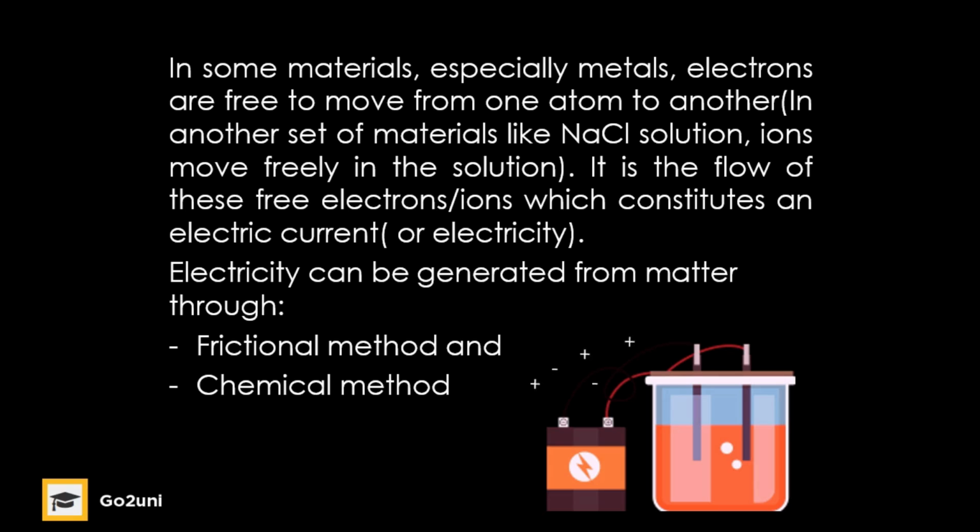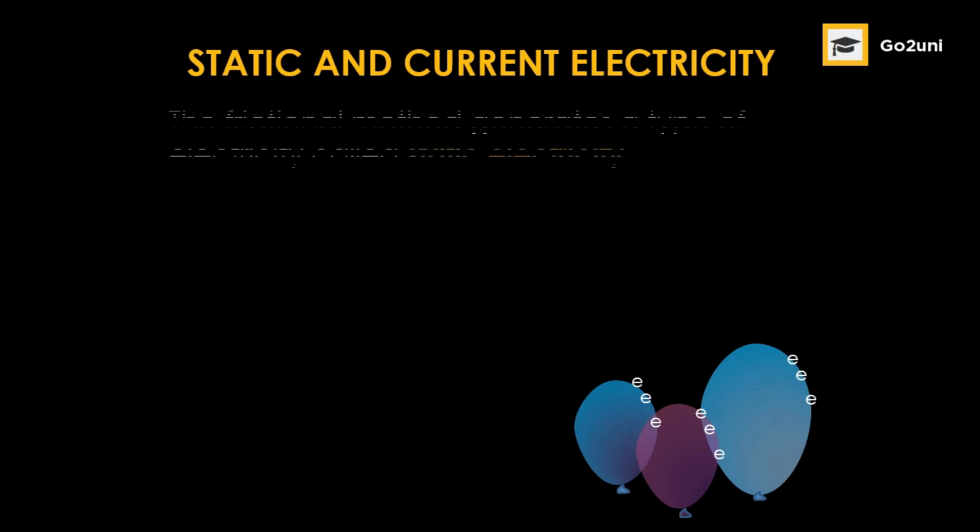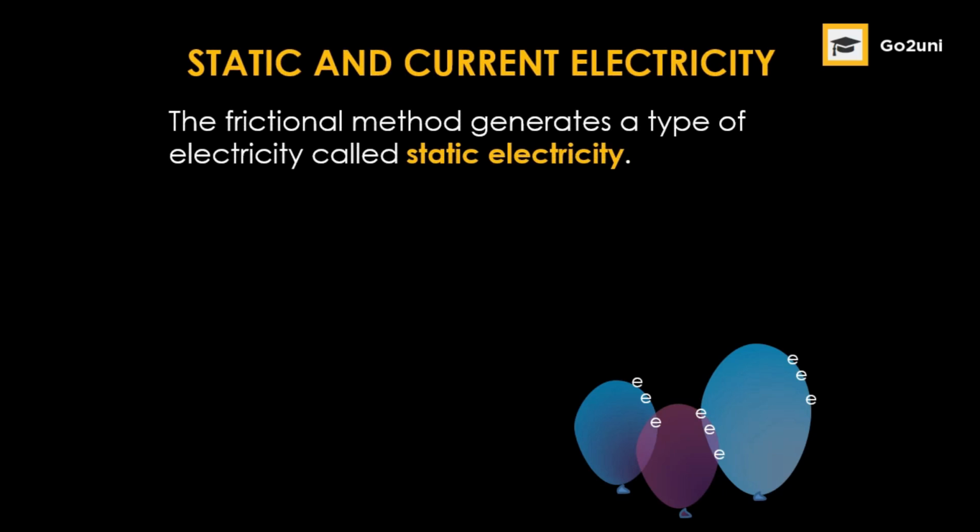Now, talking about electricity being generated either by frictional method or chemical method, that will now lead us to this subtopic referred to as static and current electricity. What then is static electricity? When we talk about static electricity, it is that electricity that is generated through frictional contact.